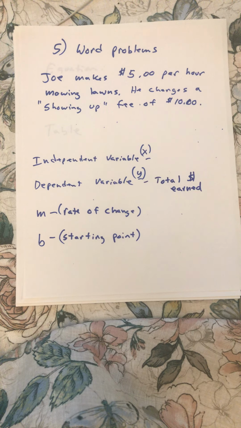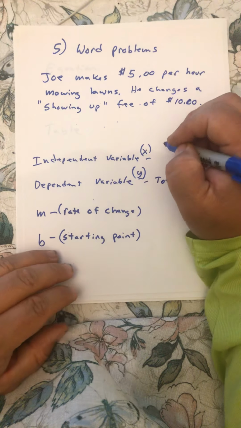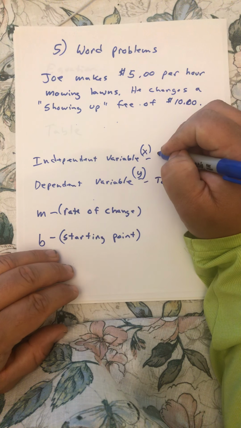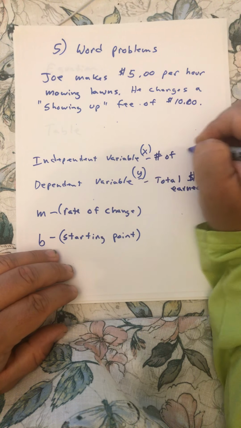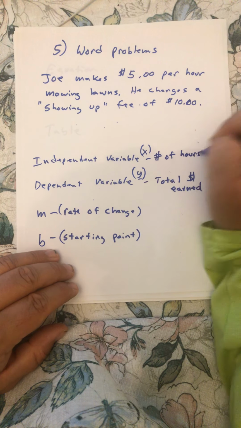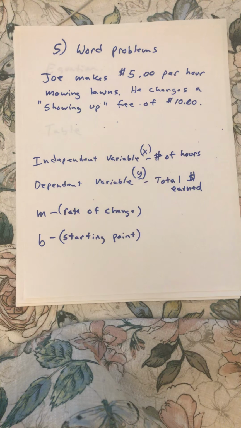That's how many hours it takes him to mow the lawn, or hours and minutes and things like that. To make it simple, we can put number of hours that he works. So 2 will be his input if he works 2 hours, and his output will be whatever is based off of that.